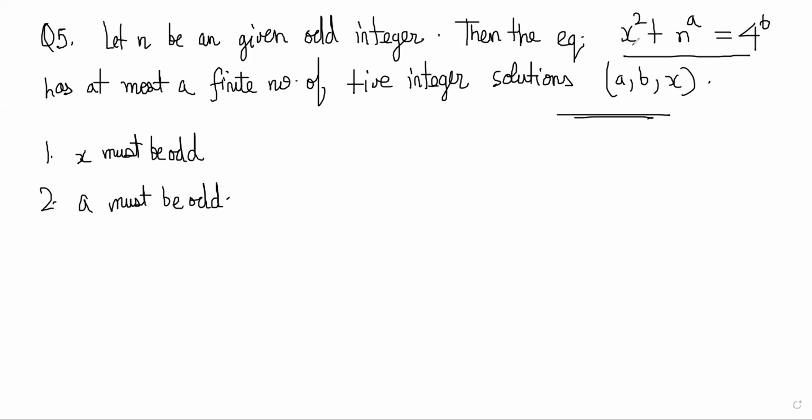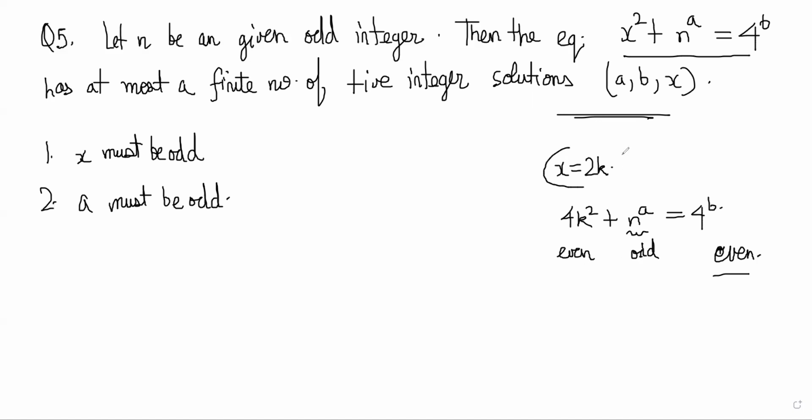Let's say x is equal to 2k. So you will get 4k square plus n power a is equal to 4 power b, but n is odd. If n is odd, this number is odd, and this is even, and this is even, right? So that is not possible. So by parity, we have figured out that x cannot be 2k, x must be odd, right?